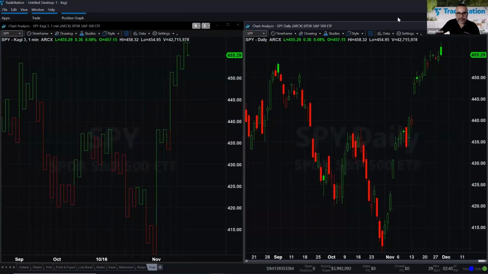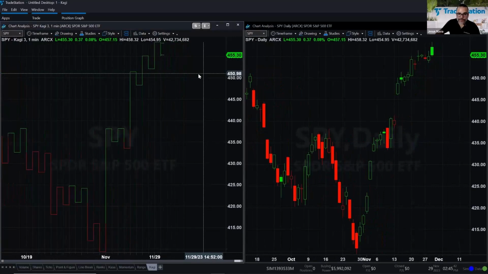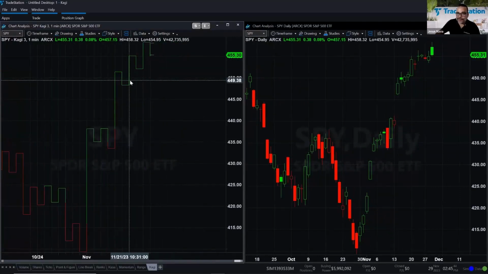But look at what's happening right here on this Kagi line. Clearly, we are in a green line, so the prices are going up. And this Kagi line also uses reversals in order to change direction. So even though the green line means that the prices are going up, in some instances, the line will go down, but not necessarily because it's changing direction.